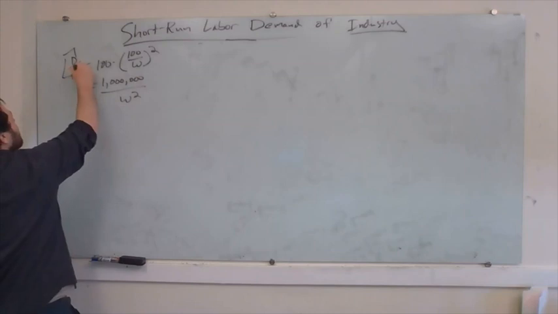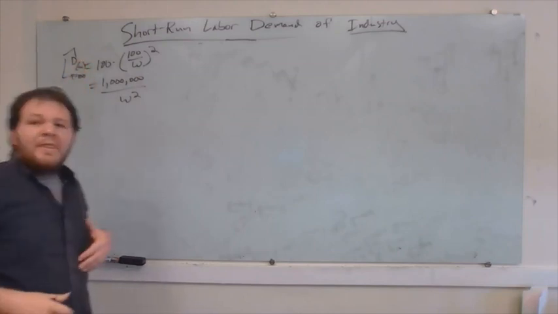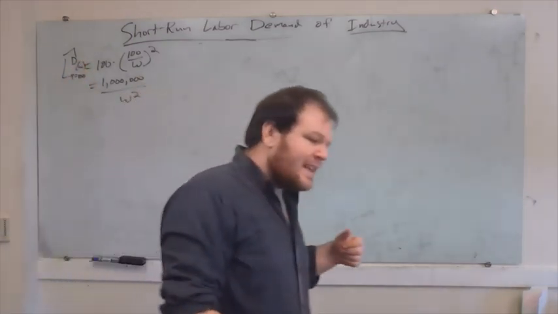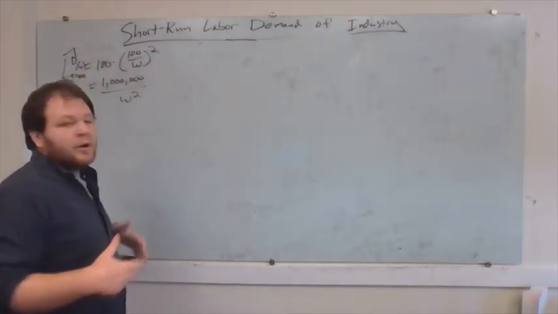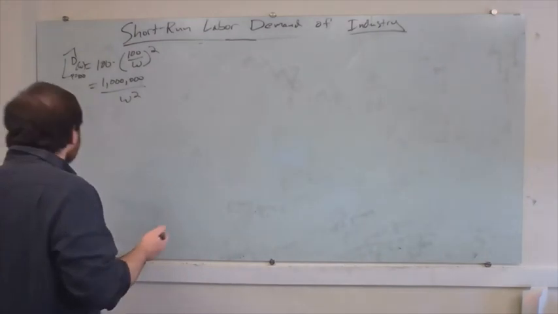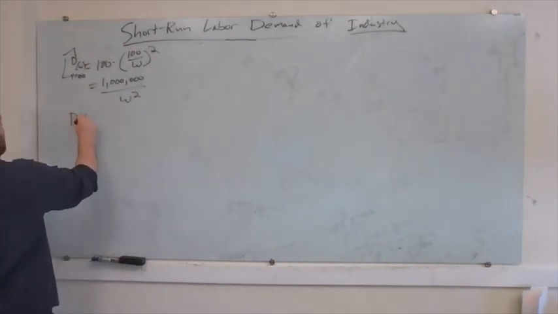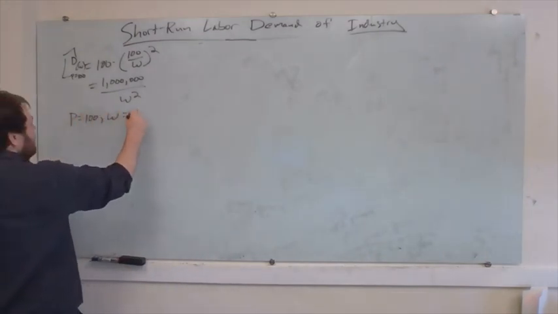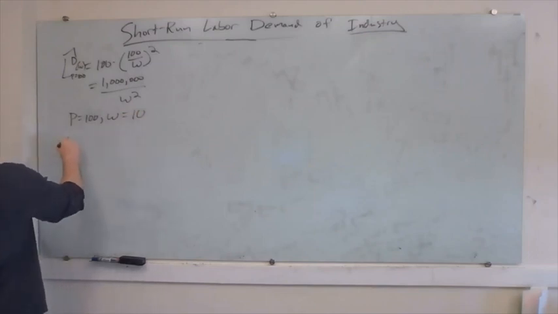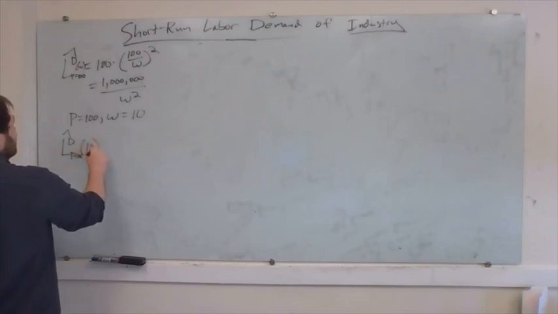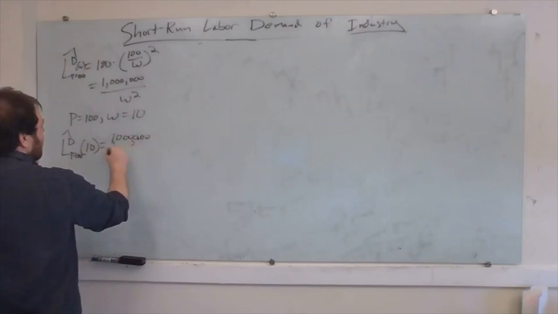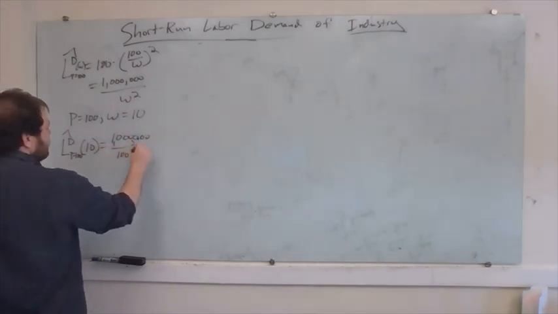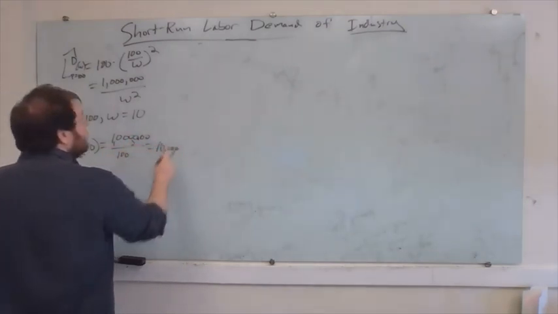And this is going to be the number of workers that the total strawberry industry is going to hire, given that the price of a ton of strawberries is 100 and the wage of a worker is W. So in this case, let's say that we had P equal to 100 and W equal to 10. We would say that total labor demand at P equal to 100 and a wage of 10 would just be 1 million over 100, which is going to be 10,000. Make sense?